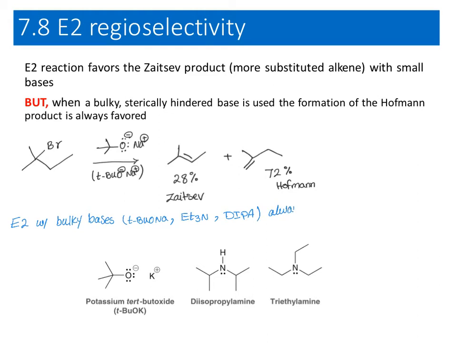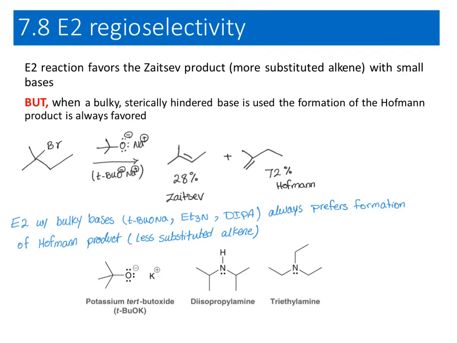Always prefers formation of Hoffman product, which is the less substituted alkene.